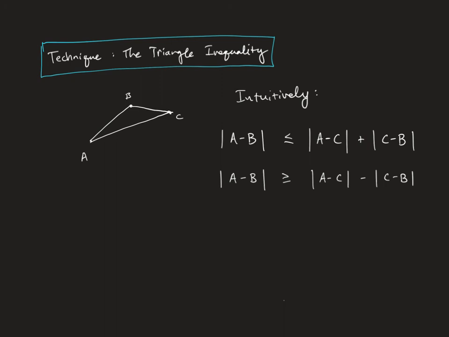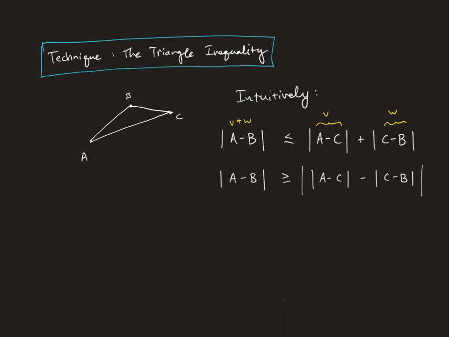So we have that, and in fact we can put an absolute value here because you might not know which one of these two sides that you're subtracting is the bigger one. It's whichever order of subtraction gives the bigger one, so we have an absolute value there. And what we can do is rewrite these. For the top one, the A minus B, if we call this vector V and this one W, then V plus W is the A minus B here.